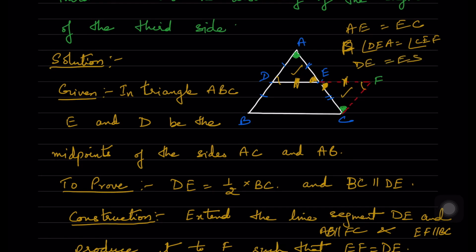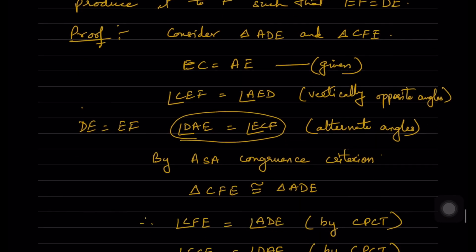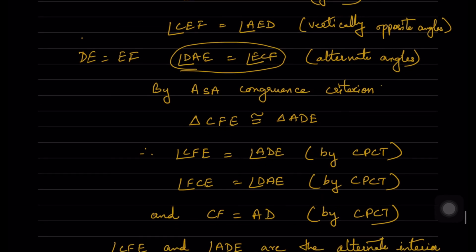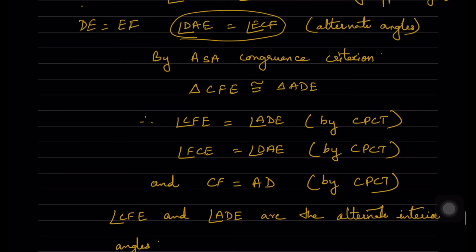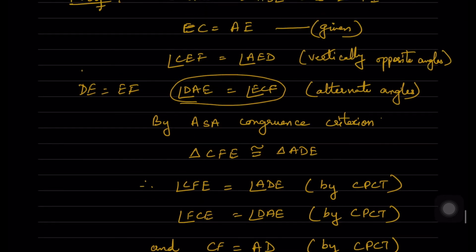So from the SAS congruency condition, you can tell that these two triangles are congruent. Instead of taking it as ASA, I have taken it as SAS. You can even prove it through SAS. I have shown you on top.